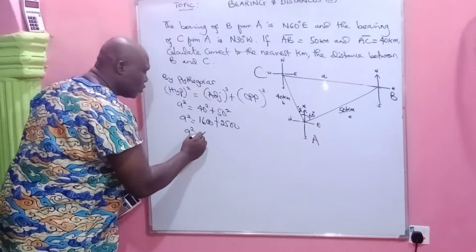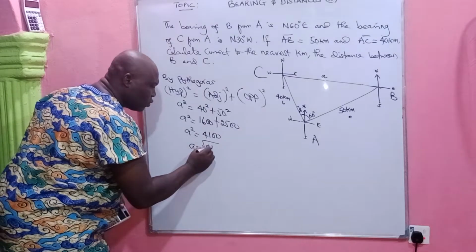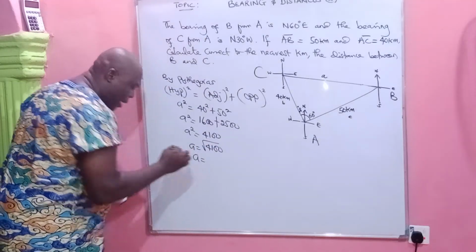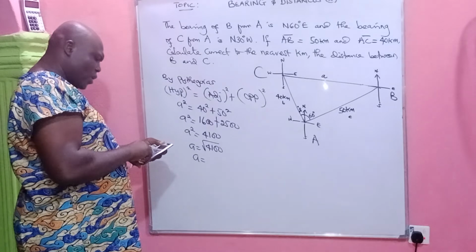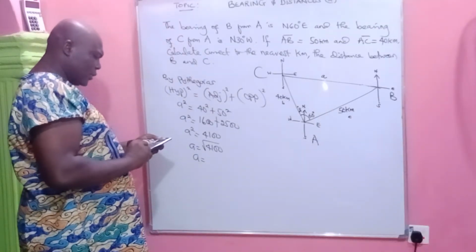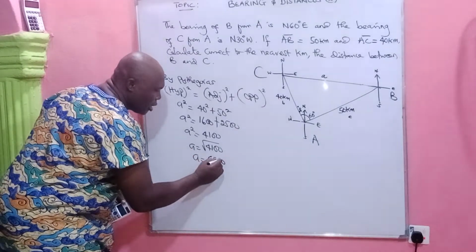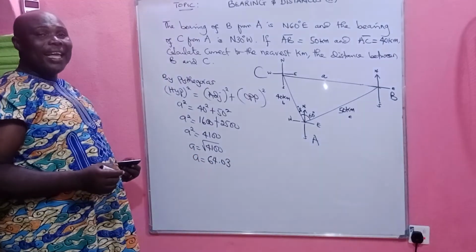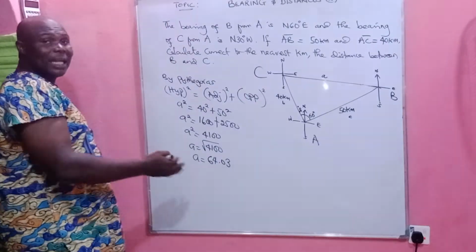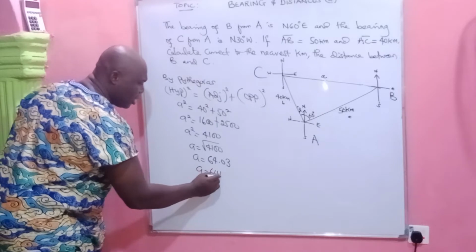So we have 4,100. So our a now will be the square root of 4,100, and that gives us 64.03. And they said we should find correct to the nearest kilometer. So to the nearest whole number, our a will be 64 kilometers.